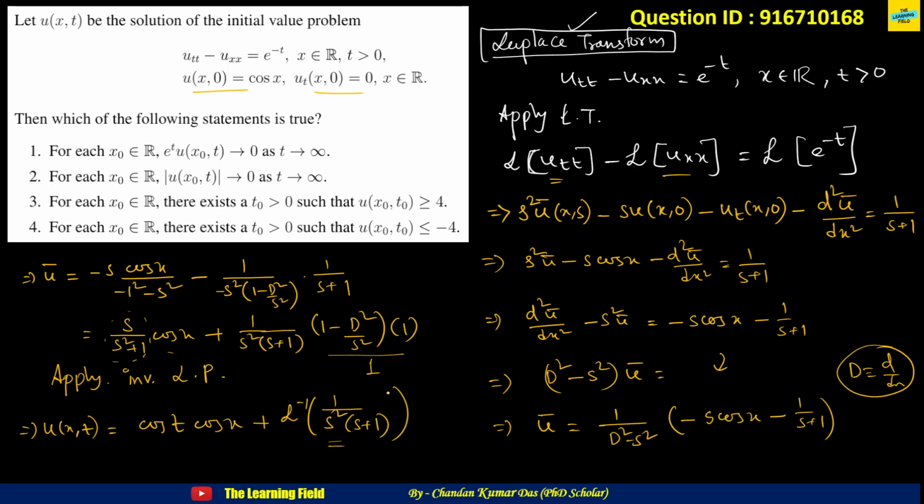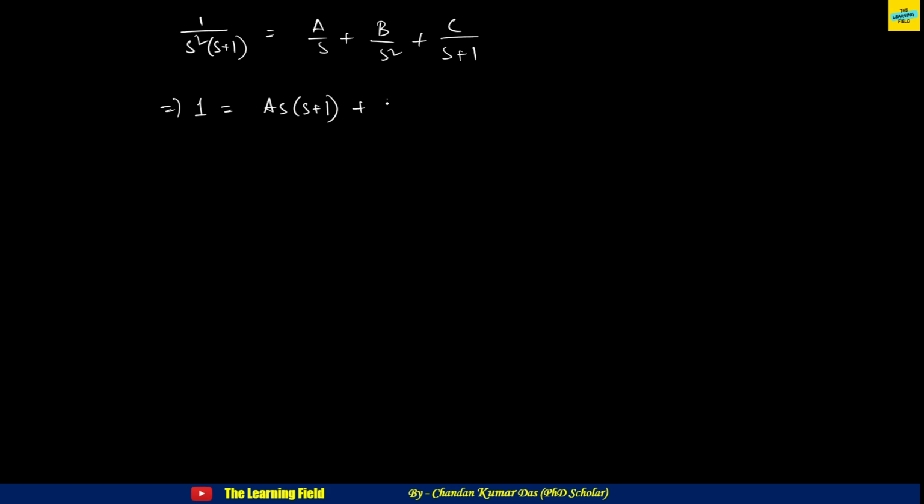Now we can do this by partial fractions, which is a very basic thing from class 12. We can write 1 by s square into s plus 1 equal to a by s plus b by s square plus c by s plus 1. Now 1 equals a s into s plus 1 plus b into s plus 1 plus c into s square.